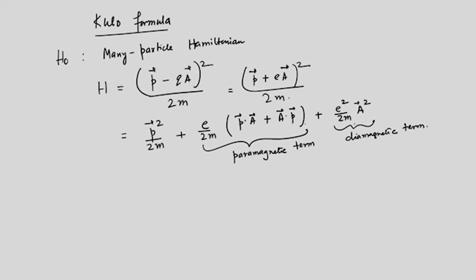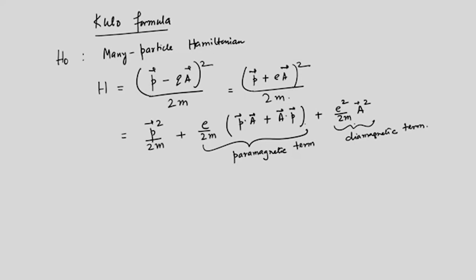However, it does not contribute to the Hall conductivity, even though it contributes to the longitudinal conductivity. Since the main focus is on Hall conductivity, we will drop the diamagnetic term altogether and only worry about the paramagnetic term.